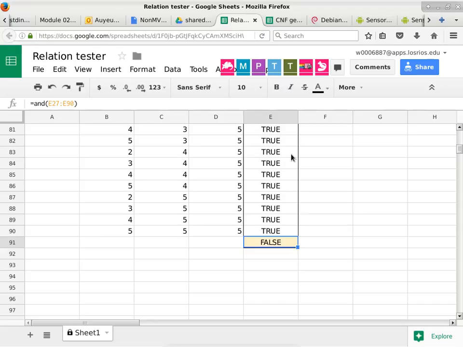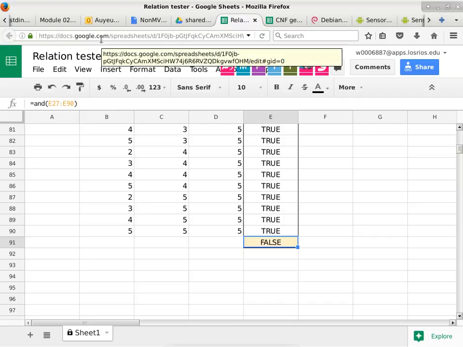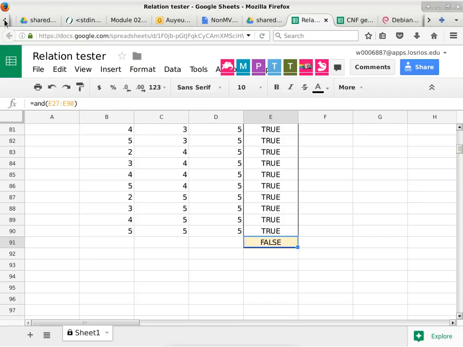Okay, cool. All right, are there any questions about these two spreadsheets? One on relations and the other one is on CNF. Okay, all right. If there are no questions about these, then we can go ahead and work on the homework assignment because it's due today.